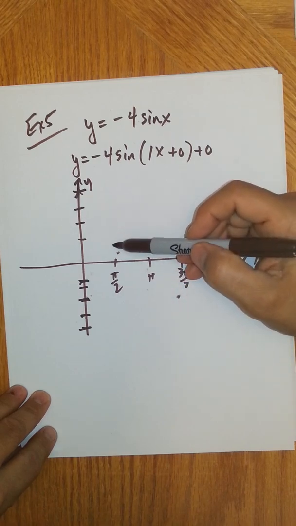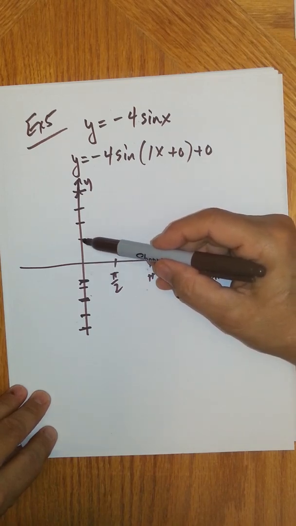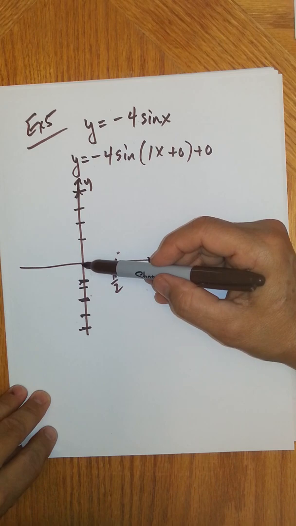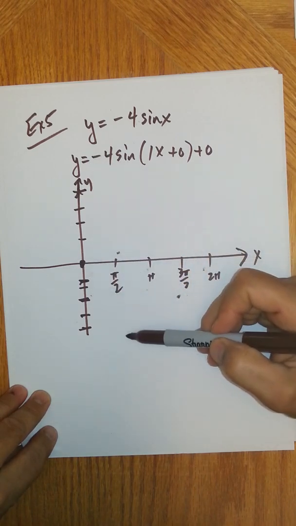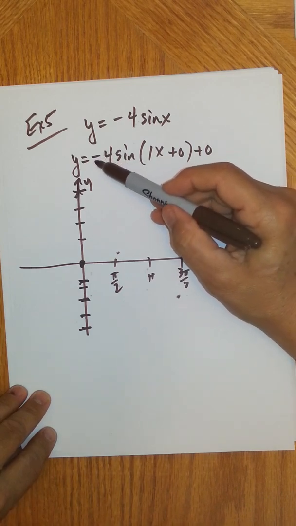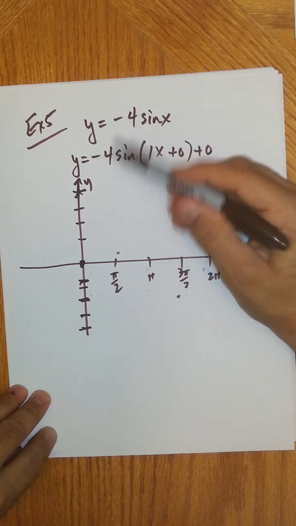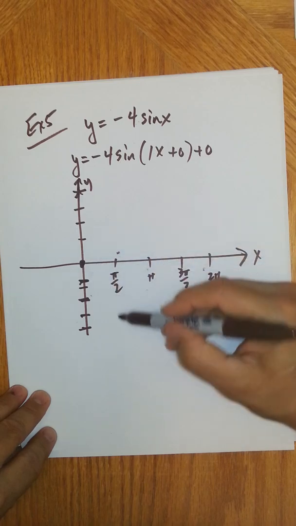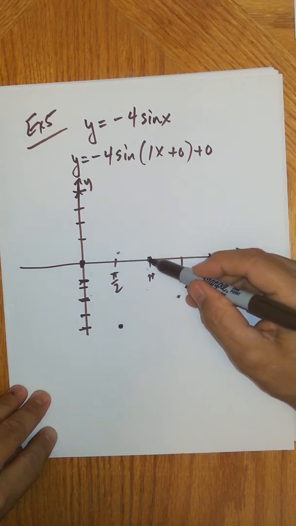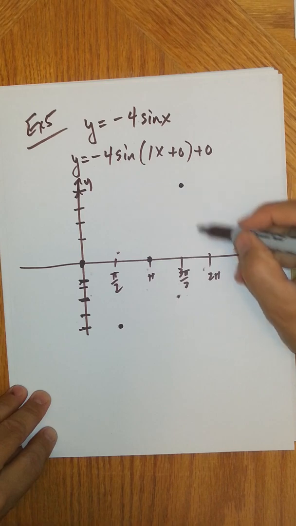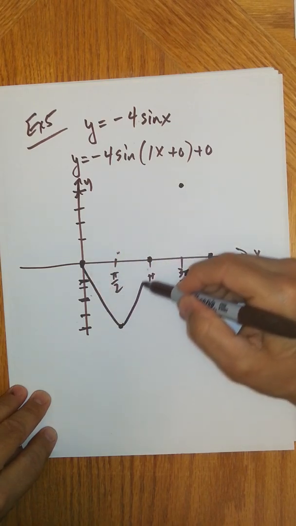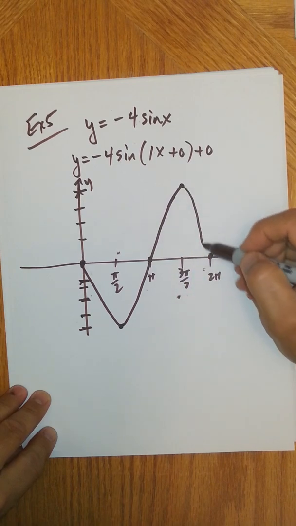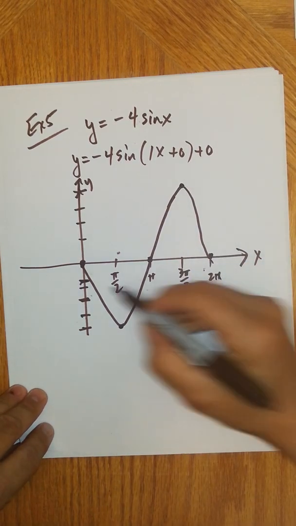Instead of starting at 0 and then going up 1, we're actually going to start at 0 but then go down, because this is reflected. We're going to go down 4 because we're reflecting it and stretching it 4 times as much. So I go down to the negative 4, come back to the axis, go up to positive 4, and then back to the axis. And of course, it would continue on forever.